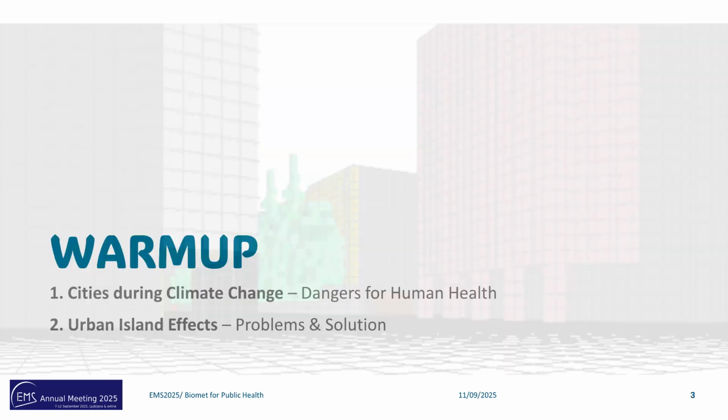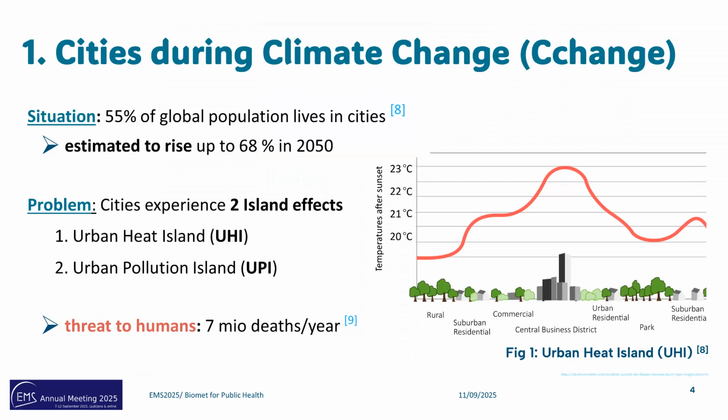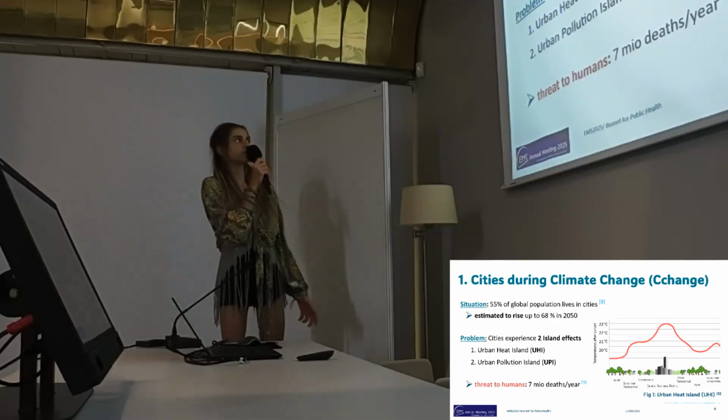So for the warm-up, cities during climate change. Maybe some of you already know that more than half of Earth's population lives in cities, and these numbers are actually growing. And this means that making cities a place to live in, to be at comfort, to be happy is just crucial for our societies.